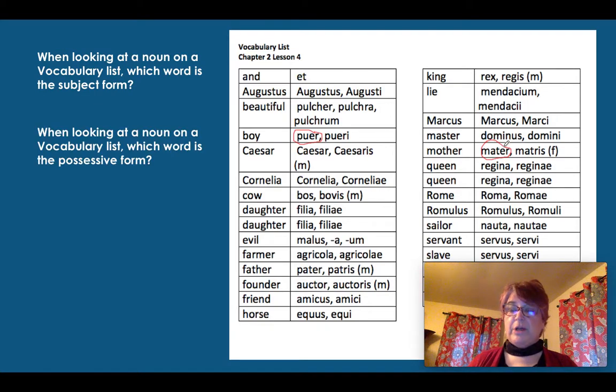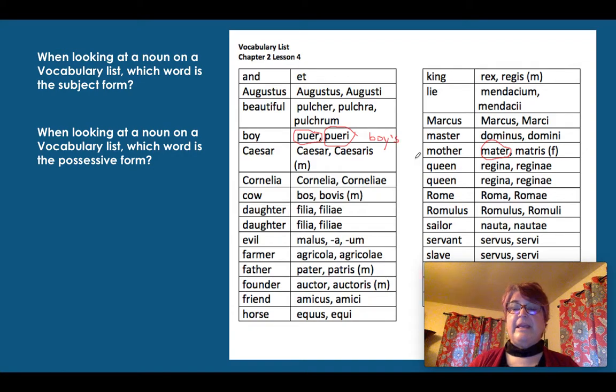So what goes on with the second word? Well, the second word that we see is the possessive form. So pueri would be boy's, which would end with an apostrophe S, because that's how we show possession in English.